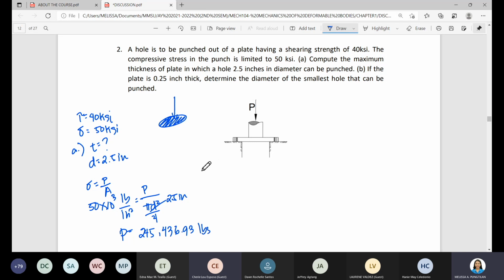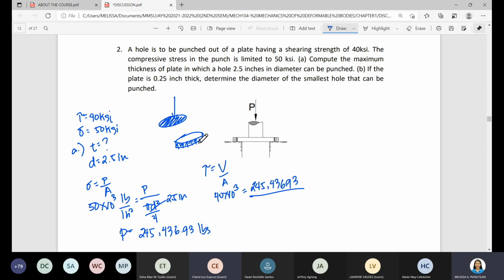Now, proceed tayo sa shear force, or shearing stress, which is equal to V all over A. So, we have 40 times 10 raised to 3 is equal to, sabi nga kanina, P is equal to V. So, meron tayong 245,436.93. And then, the area, the resisting area, so shearing tayo, resisting area is this one.